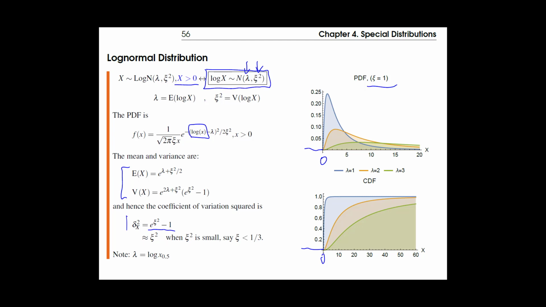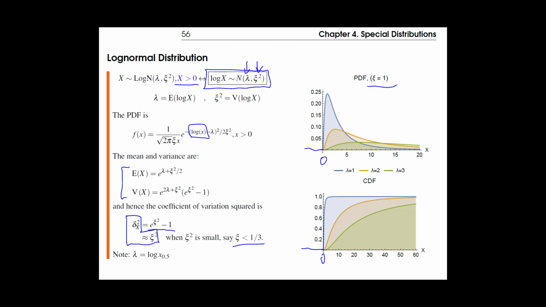Okay? But this approximation is good only when psi square is small. Well, either psi square or delta square, right? And delta, remember, was the coefficient of variation of a random variable. And it's the same rule of thumb. Remember that we said for the coefficient of variation when it's less than 0.3 or 1/3, we will say that the variable has a moderate variability, right?